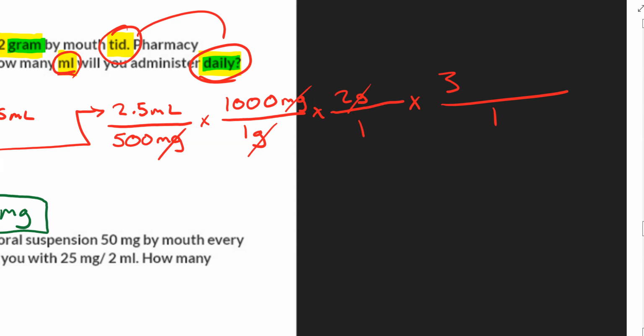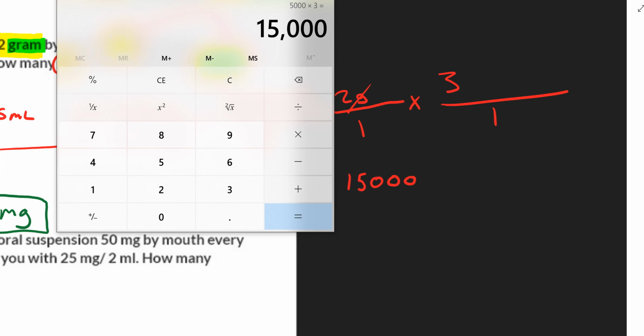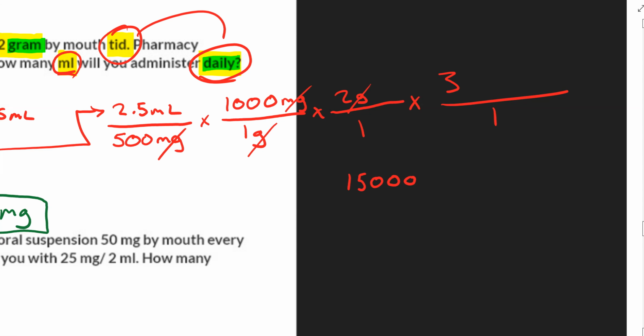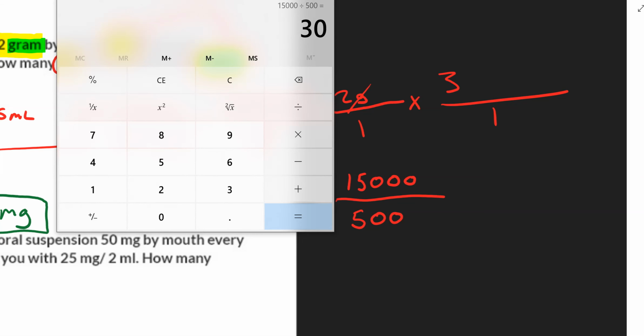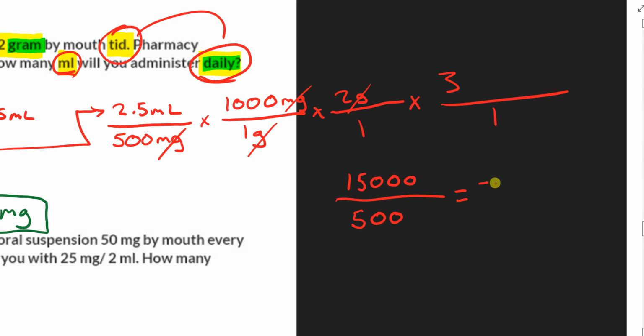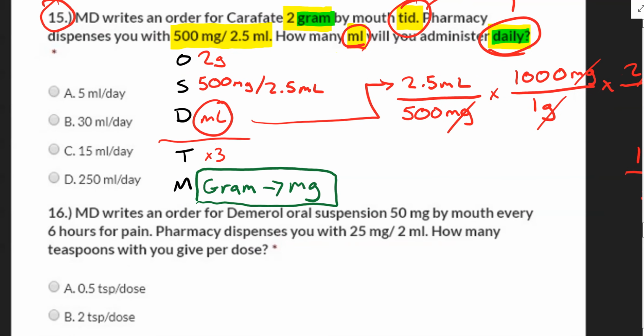So that looks like it's going to be 15,000, and then that's over 500. On the bottom there's just 5. Let's just do that math real quick. And that looks like we're left with 30 mLs. Let's see if that's an option. Yep, sure is. Right there.